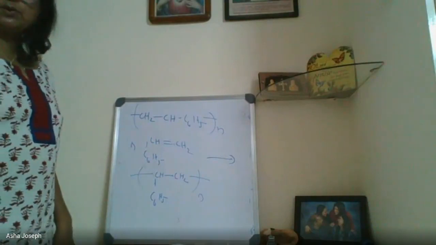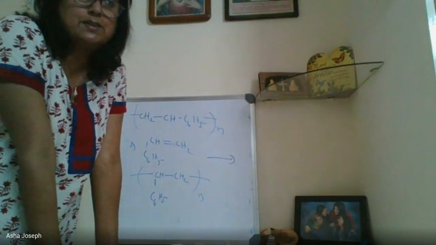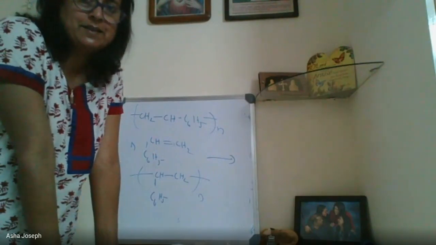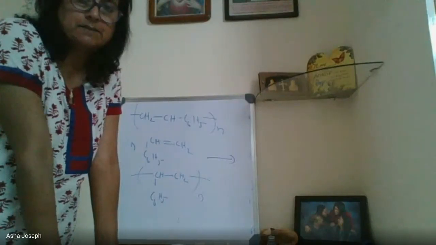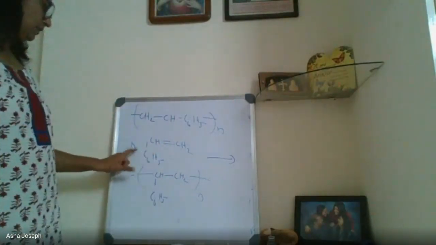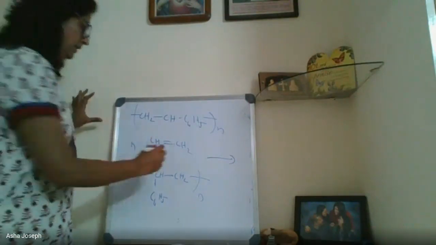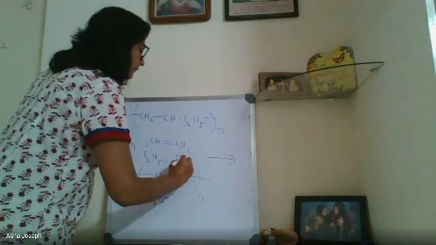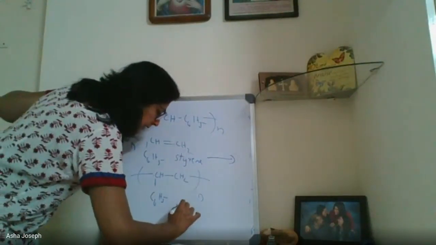Any other monomer? No. You cannot put C6H5 and CH2=CH2. No reaction, isn't it? You cannot give benzene and that. So this is the one. This compound is styrene, and the polymer is polystyrene.